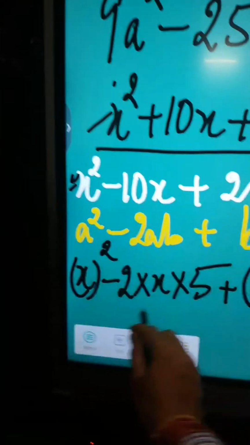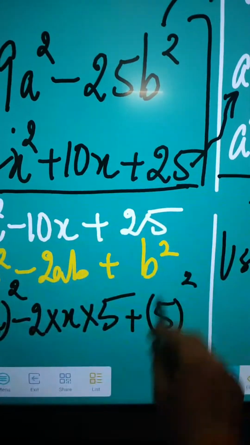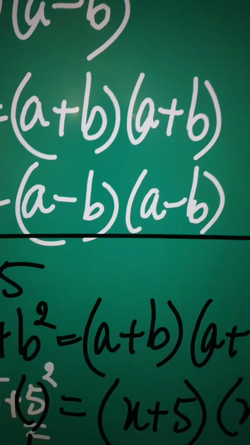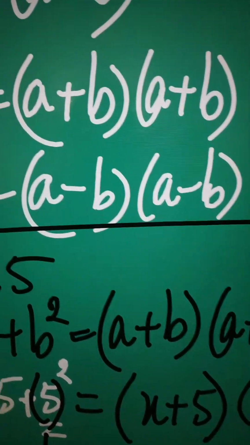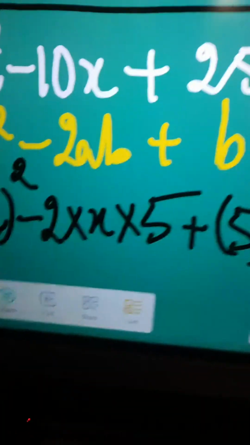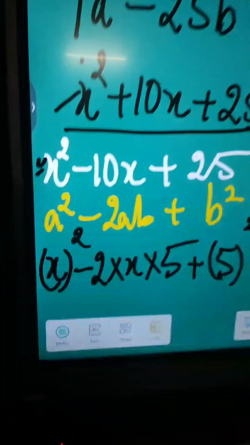So now what is this formula equal to? This formula is equal to a minus b into a minus b. So what will be a minus b? Type your answer below. What is a minus b into a minus b?